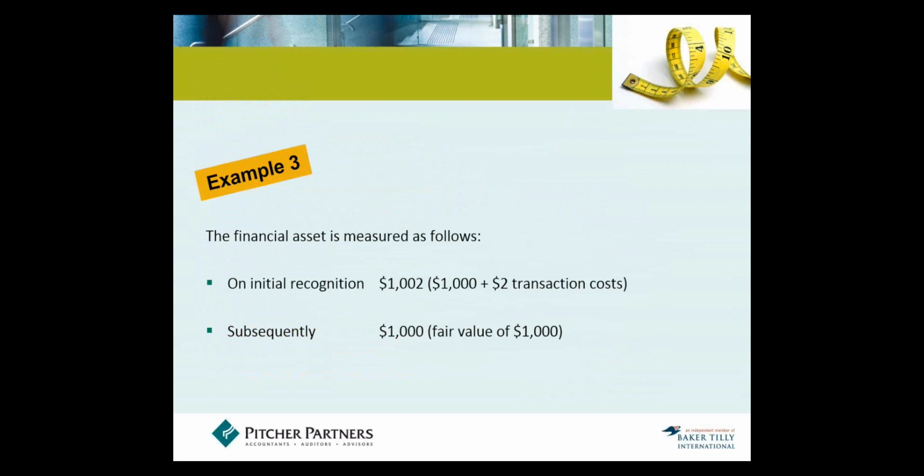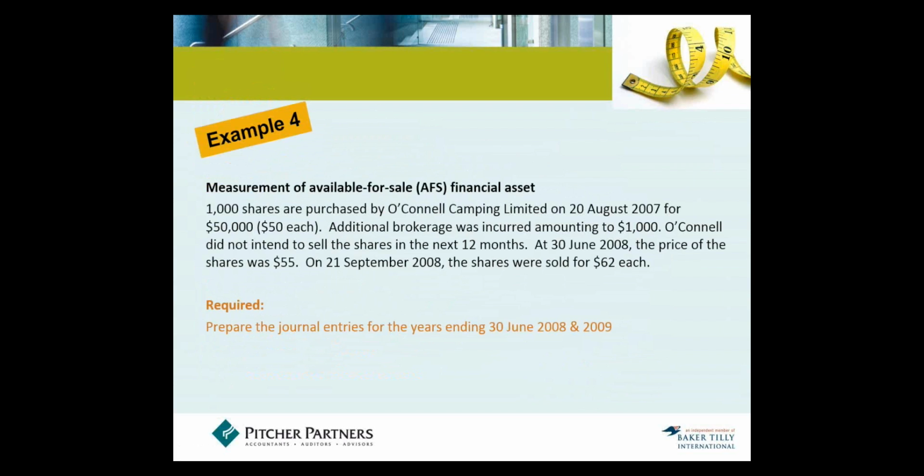Because it's a financial asset, it's AFS, we debit the equity reserve, AFS revaluation reserve. And we'll talk about potential impairment, etc. at the next webinar. However, with an AFS, the first entry goes to the AFS revaluation reserve, and then we assess if it's a negative reserve, whether it's impaired or not.